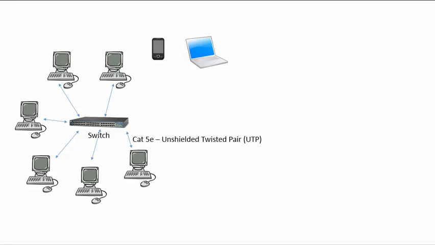A company, depending on its size, may have one or more wireless access points, which looks something like this, a little bit smaller.